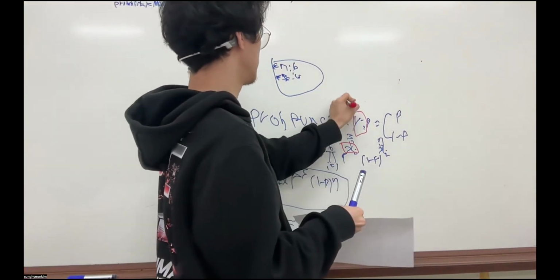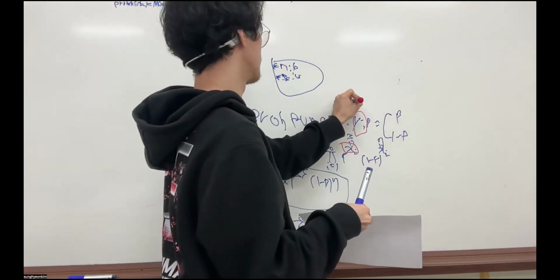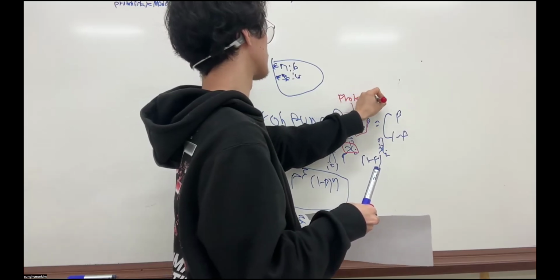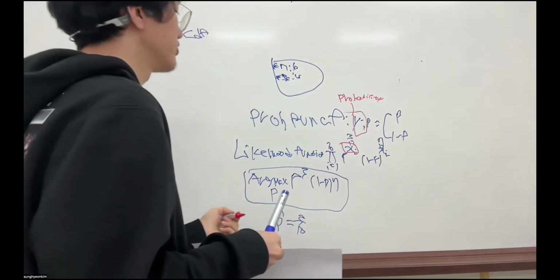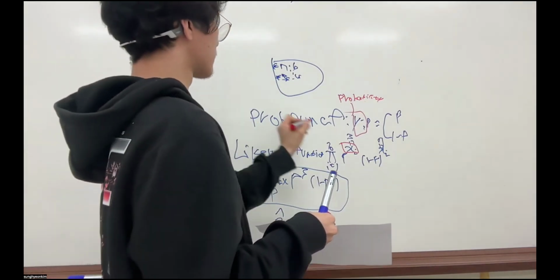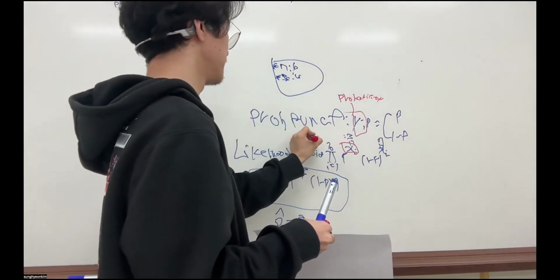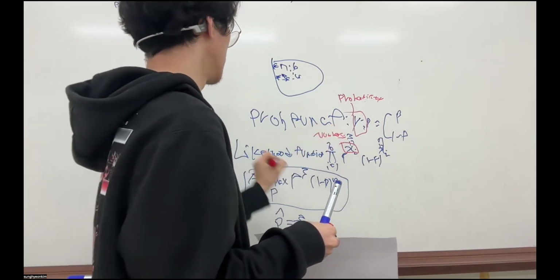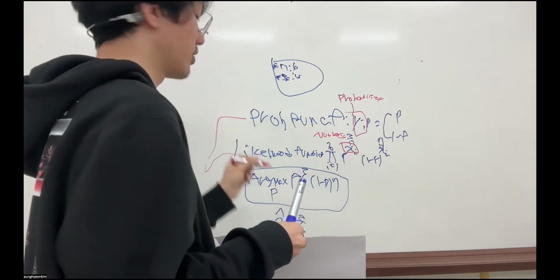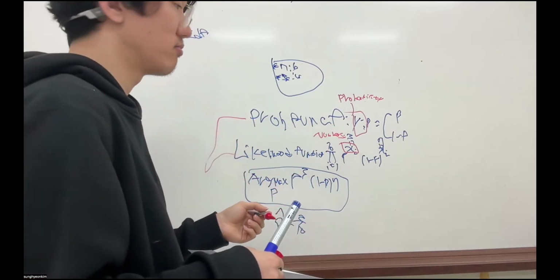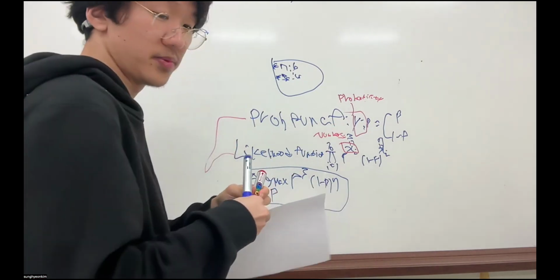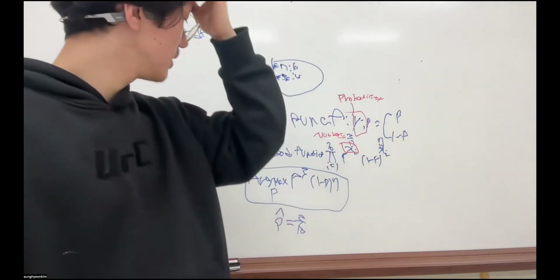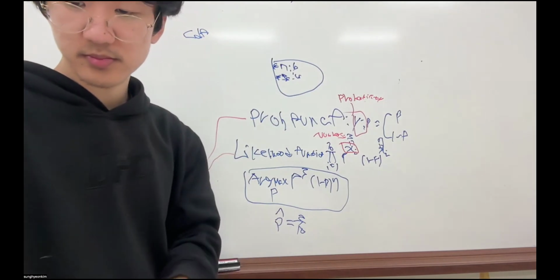Y will be probability. X will be numbers. I can't directly connect the probability function and the likelihood function.